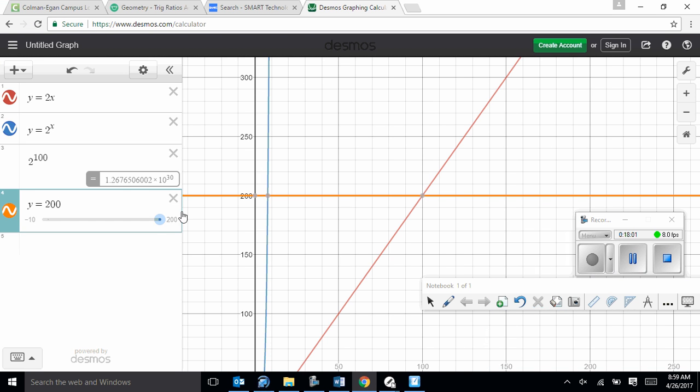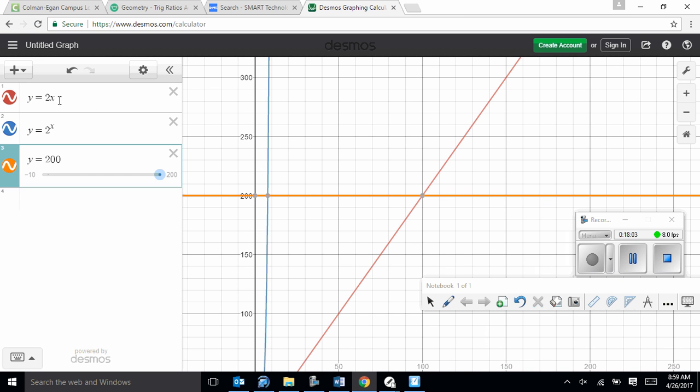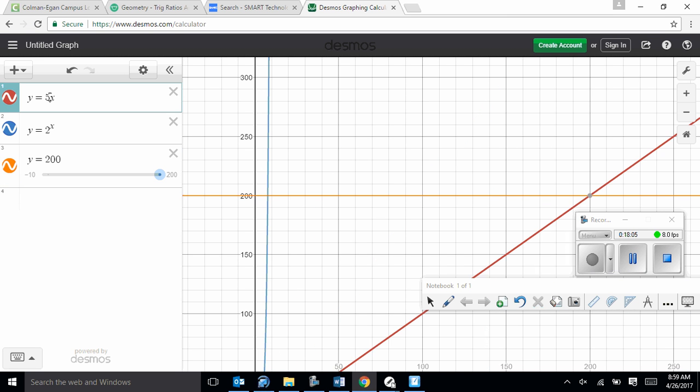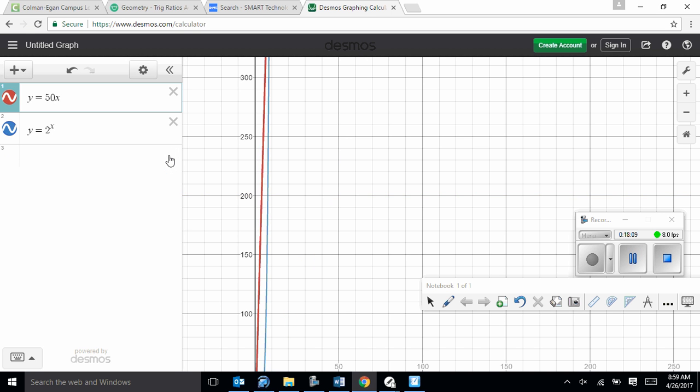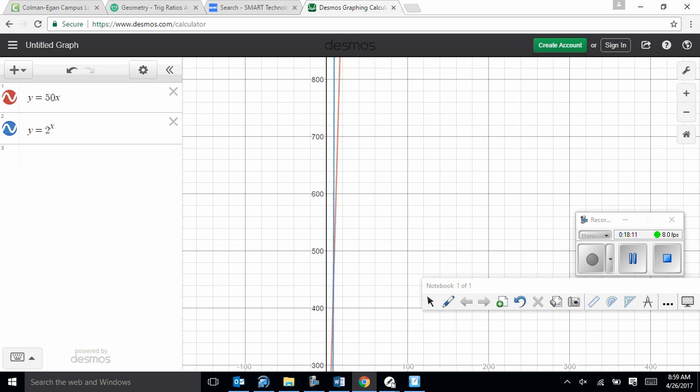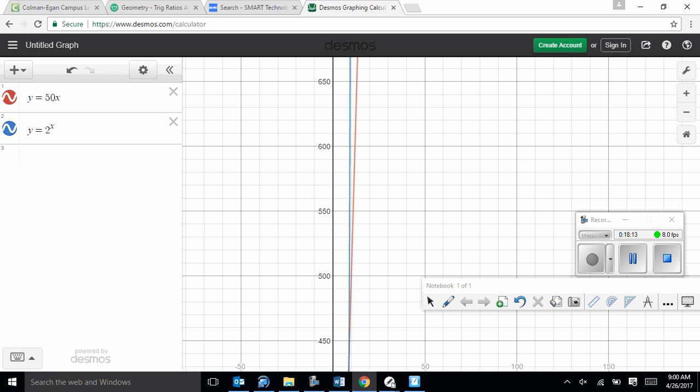We already have 2 to the x graphed. So we're going to change this to 50. So is Alex correct? Is f of x always greater than 2 to the x?